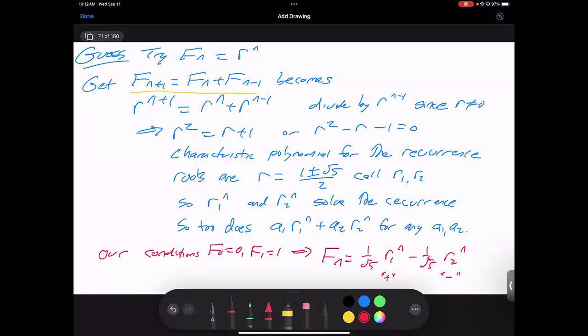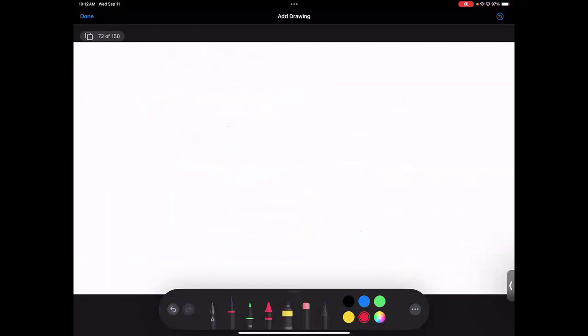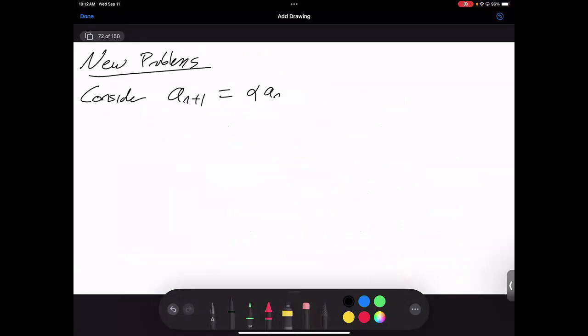And so what I want to do is ask you a couple of problems to think about. These are related to possible problems that we can propose for the journal. So, new problems. Let's consider a_{n+1} equals alpha a_n plus beta a_{n-1}, with 0 less than or equal to alpha, beta, and maybe in one case, alpha plus beta equals 1.